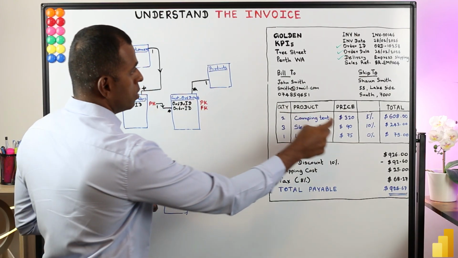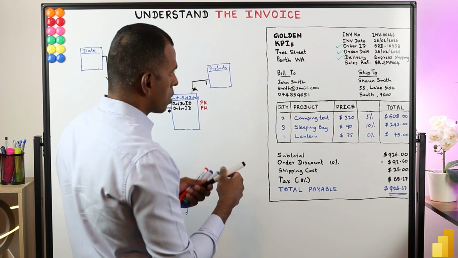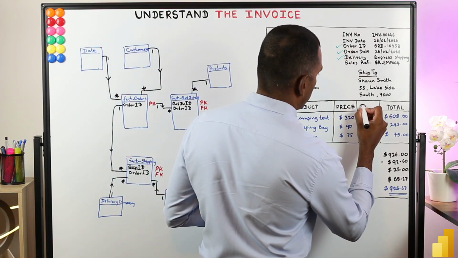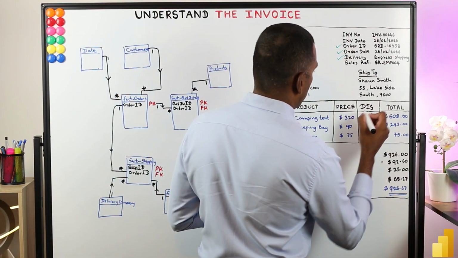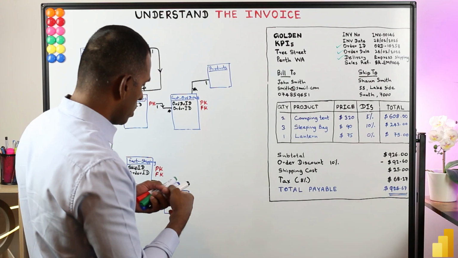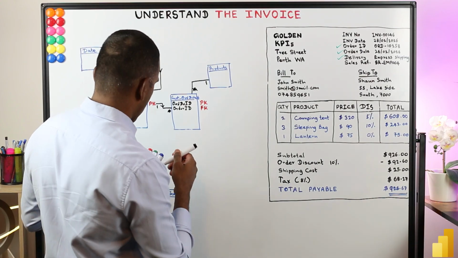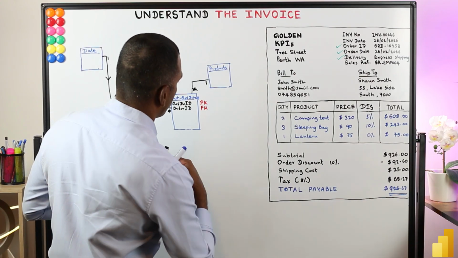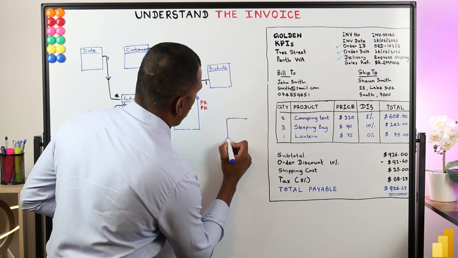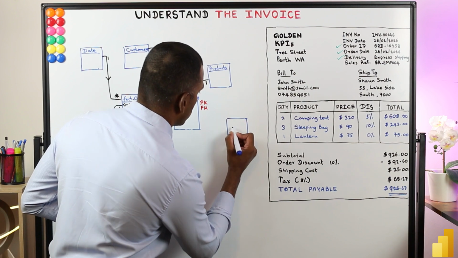What else? This is the discounts. That's a line level discounts. So that line level discounts come to here. I will explain what those line level discounts are.